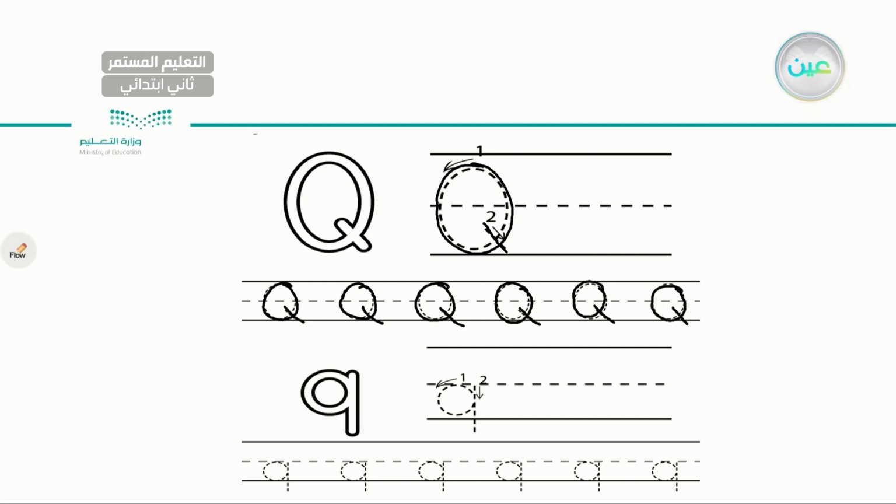Now let's go ahead and write small q. Quiet, question, and so on. Very good, my dear students. So far we covered 2 letters, letter P and letter Q.